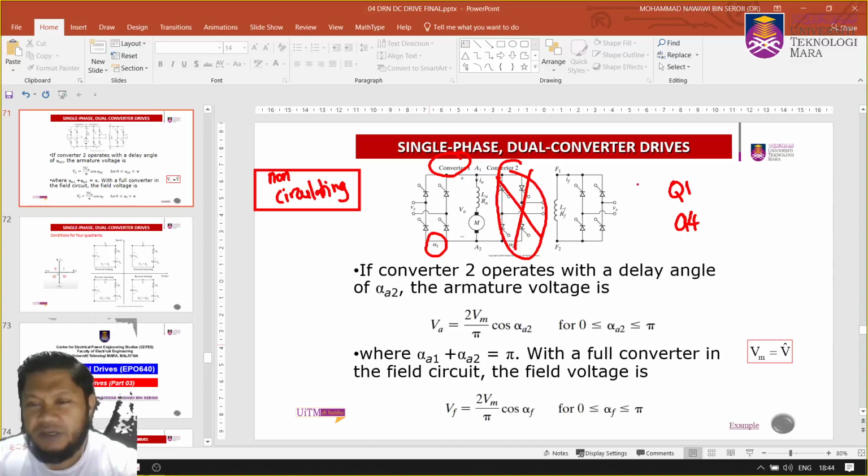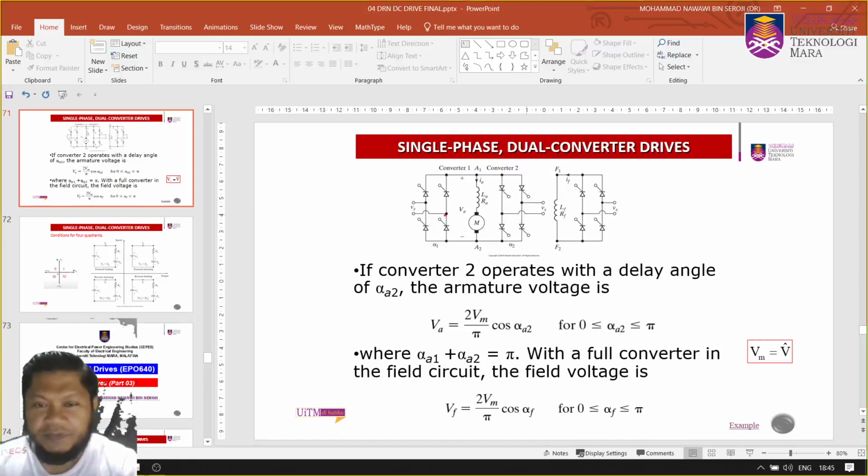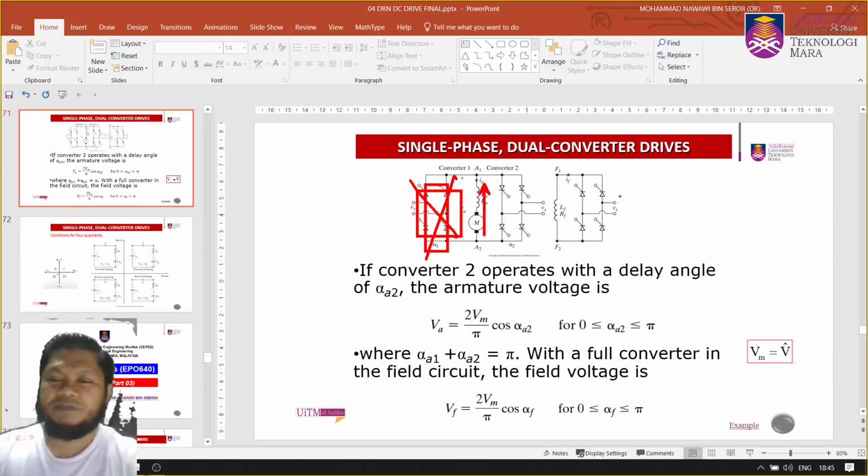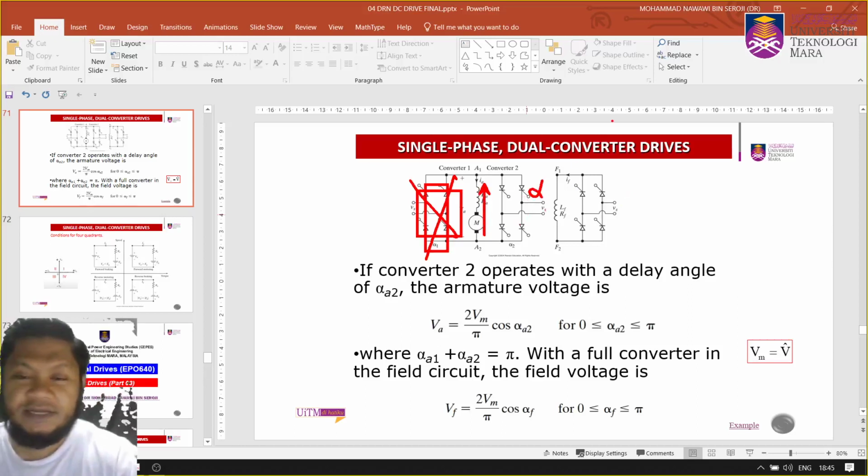And when you operate during Q2 and Q3, you shut off converter 1 completely, and you operate with converter 2. Right? So current will flow in that direction. Okay, negative current, and converter 2 will work based on alpha. So that is non-circulating current.